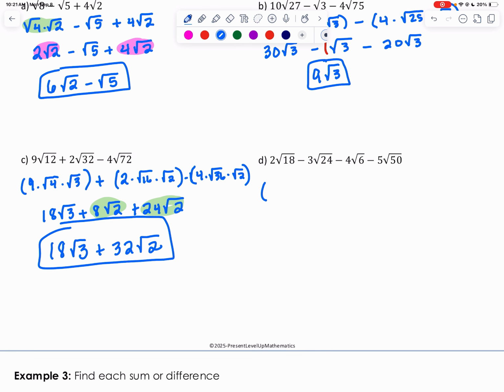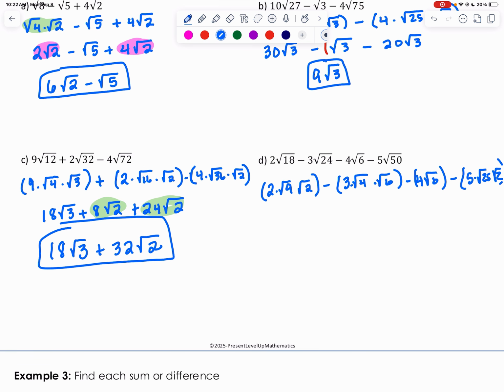I broke 2 square root 18 down to 2 square root 9 square root 2. I broke 3 square root 24 down to 3 square root 4 square root 6 minus 4 square root 6. And then 5 square root 50 became 5 square root 25 square root 2.